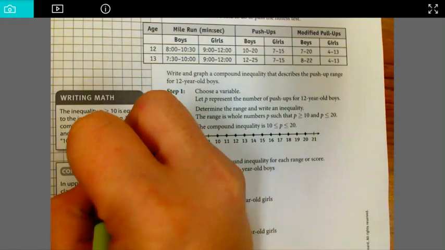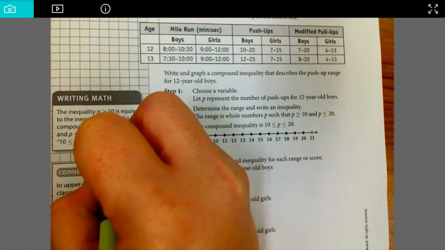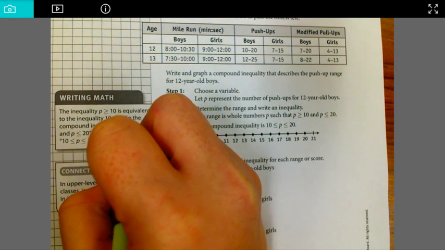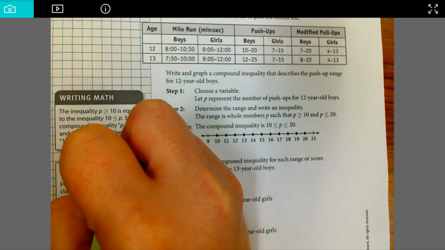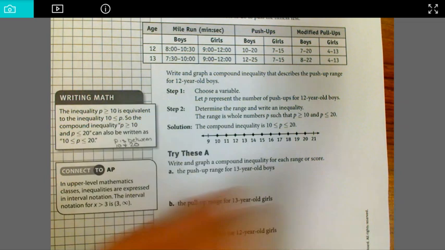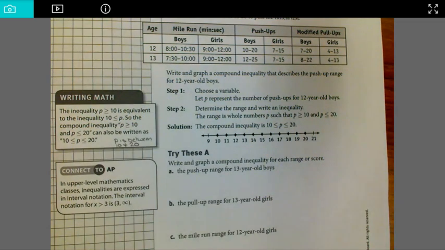Another way to say this is P is between 10 and 20 inclusive. Okay.